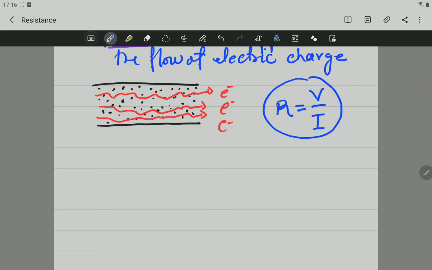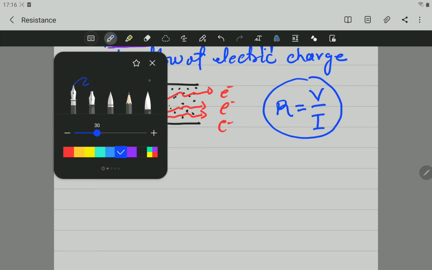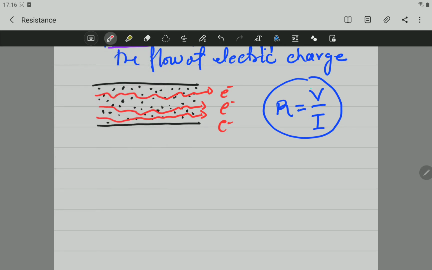For now, resistance is equal to potential difference divided by current. Resistance, whose symbol is R, is expressed in ohm. The unit for resistance is the ohm. The symbol is omega, which is a Greek letter.